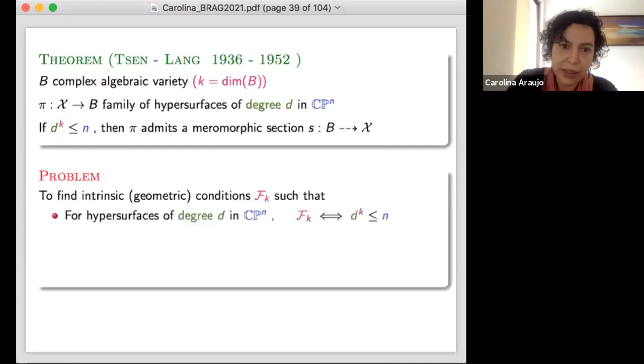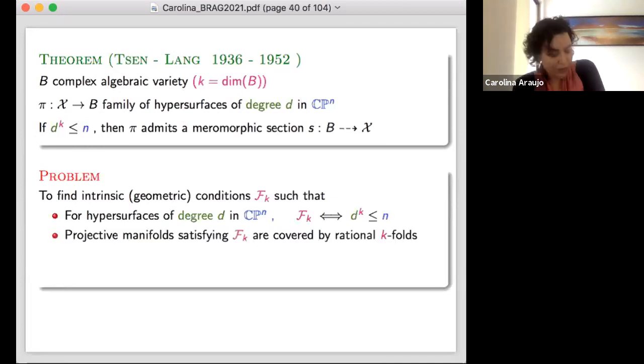And now I would like to pose a general problem. Just like Graber, Harris, and Starr generalized Tsen's theorem, we would like to find a suitable generalization of the Tsen-Lang theorem.